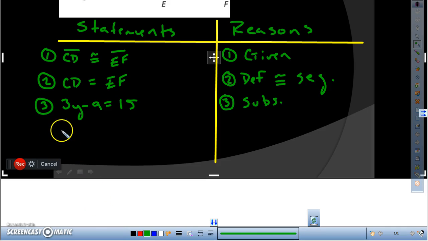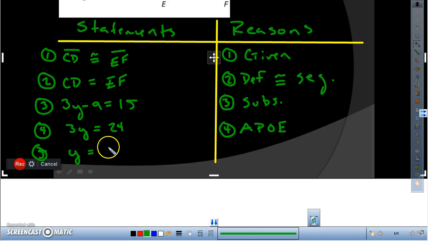So my next step, I would be adding 9 to both sides to get 3y is equal to 15 and 9 is 24. This is the addition property of equality. My next step would be to divide both sides by 3, and that would be the division property of equality.